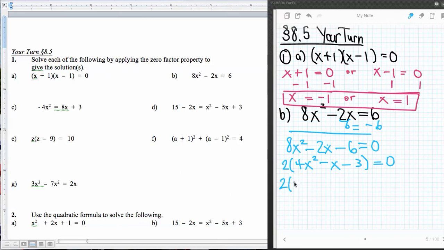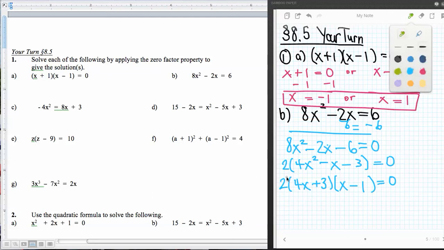And I'm going to factor this into 4x and an x for my factors of 4. And I'm going to put a 3 in here and a 1 in here for my factors of 3. And I need a -1, so I'm going to make the outside product -4 and the inside product +3. And that's going to make my difference of -1. And now every factor that contains a variable, I'm going to set equal to 0. This 2 doesn't contain an x, so I'm not going to set it equal to 0.